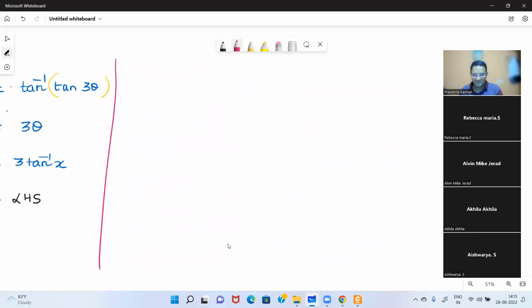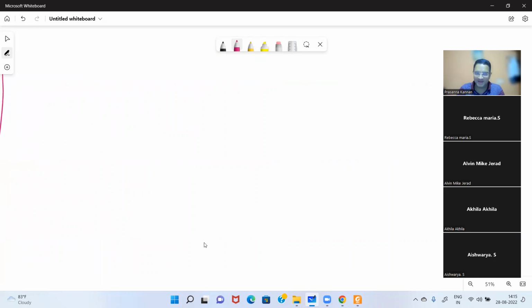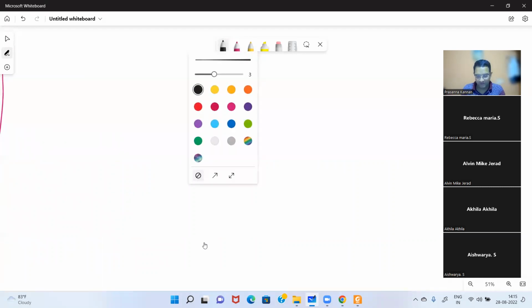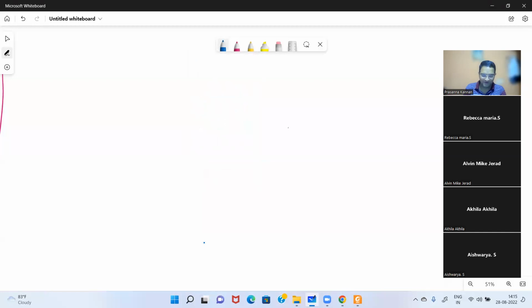So let's summarize the formula which we had learned, which is very important, which will be very helpful for your competitive exams if you keep it in memory, right? So what are all the formula we have seen?